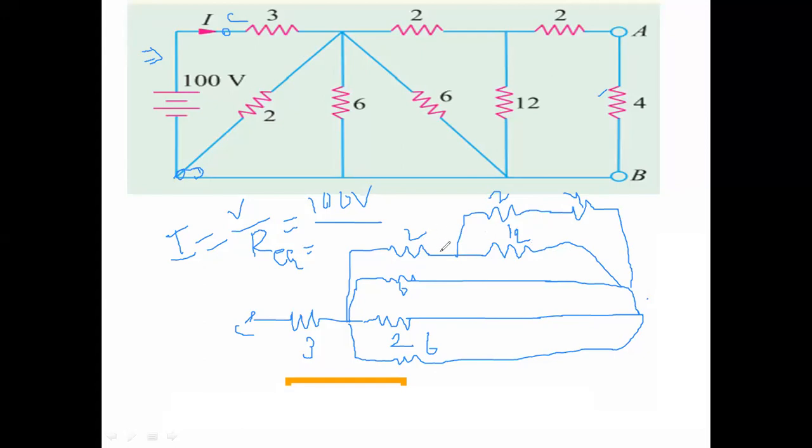After obtaining that, all these are in parallel, and the obtained equivalent resistance is in series with the 3 ohms. So like this we can find the R equivalent. After obtaining R equivalent, we substitute here and we get the current I. Like this, we can find the equivalent resistance.